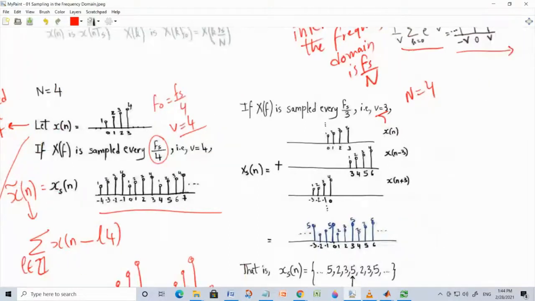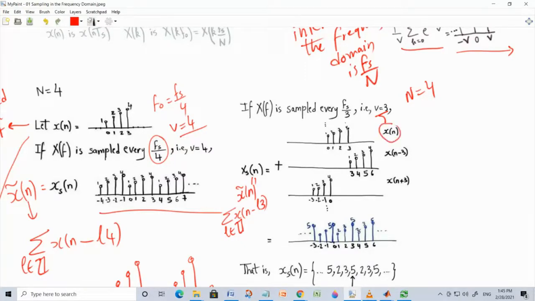Now, according to this, x tilde of n is the summation of x of n minus L v, which now will be 3, and L is an integer. So we shift to the left and to the right by all integer multiples of 3. When you do these shifts and add, the replicas overlap.